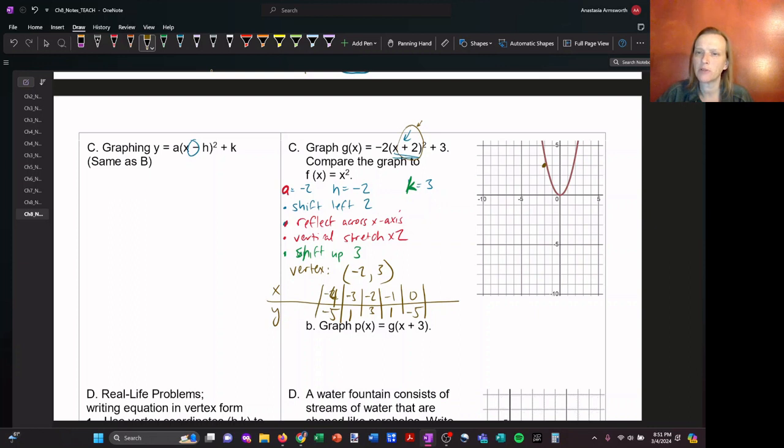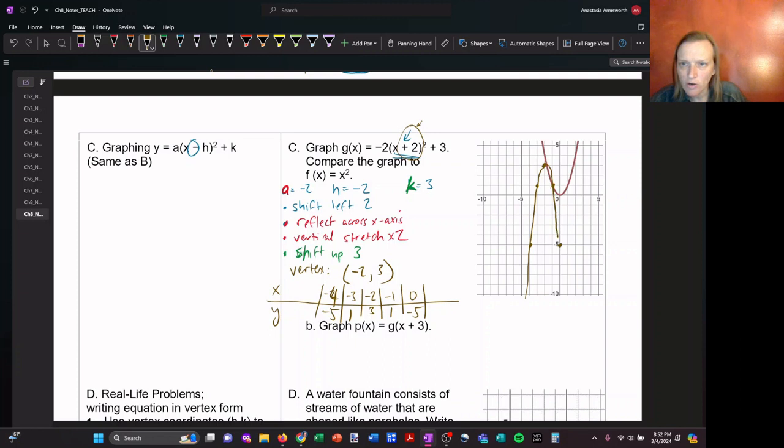So plotting these points on the graph, I plot 1 here and 1 here, and then -5 here and -5 here. So you can see that this parabola is skinnier. I definitely have that vertical stretch I was talking about. And it thinks I'm trying to draw a straight line, which is not what I'm trying to do.